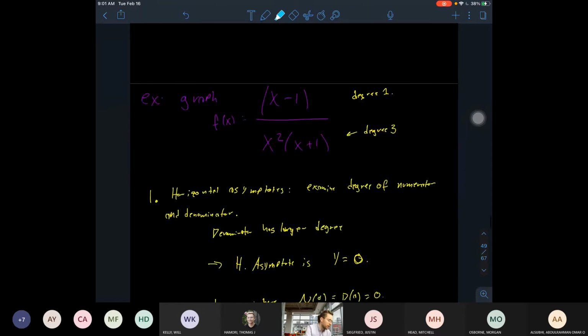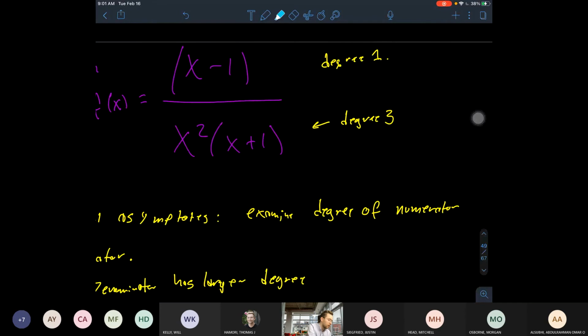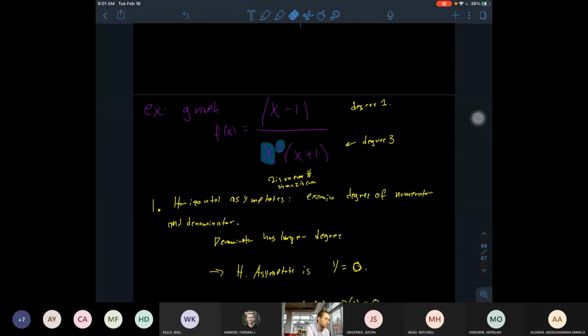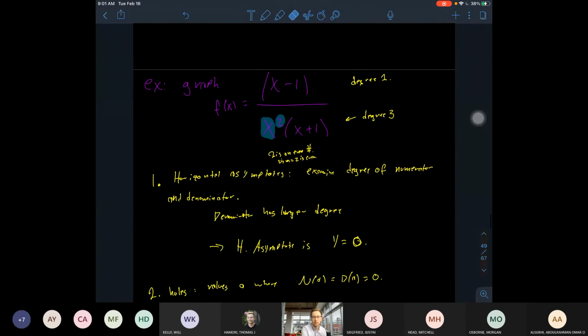So I go up to the denominator, and I look at this thing, and here's the factor x, and I want to know what is its multiplicity. Its multiplicity is the power on our factor. Since 2 is an even number, I call this multiplicity even. That's how I did that part. Does that make sense, Sam?